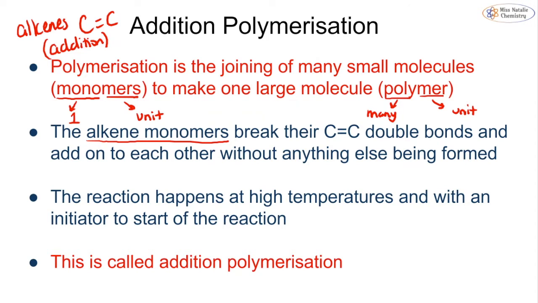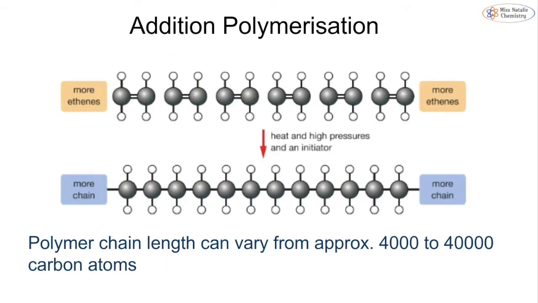So there are no side products in this reaction. The reaction will happen at very high temperatures and we need something called an initiator just to kickstart the reaction. But you're not going to be asked about this in the exam, this is just for your knowledge. And we call this process addition polymerisation because we have addition reactions, so adding of units to form a polymer, which is the polymerisation.